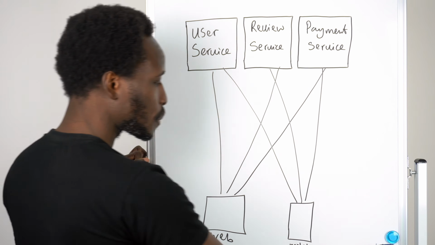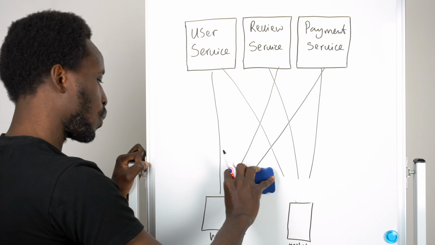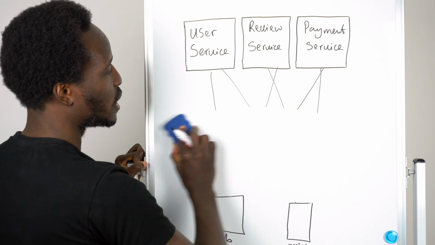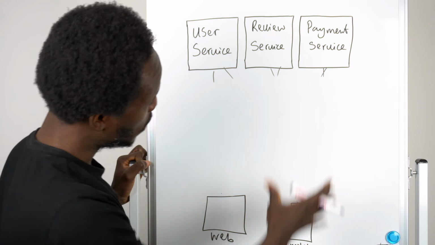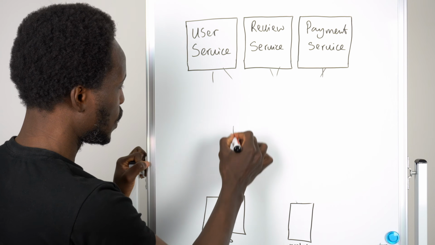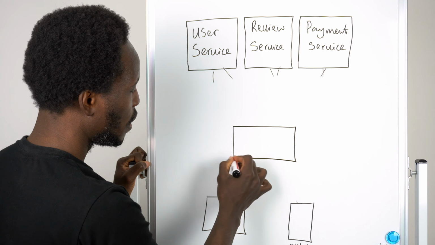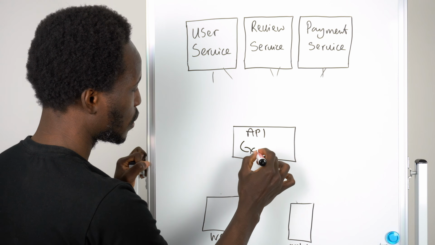The common solution to this problem is to have a component which sits in between the microservices and the clients, right? So you have a component sitting here, commonly referred to as the API gateway.